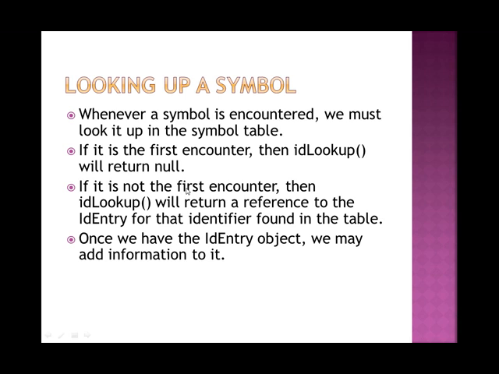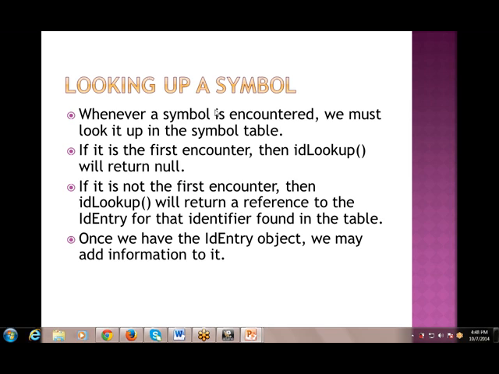If it is first encountered, the ID lookup function returns null. But if it is not the first encounter, it will return a reference for the identifier found in the table. Once we have the ID entry object, we may add the information to it, to the ID entry levels.